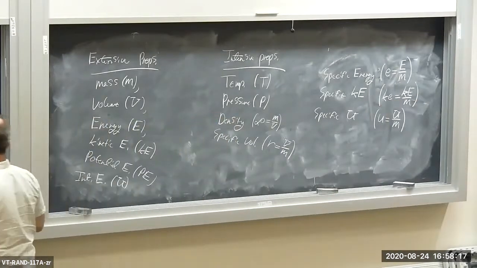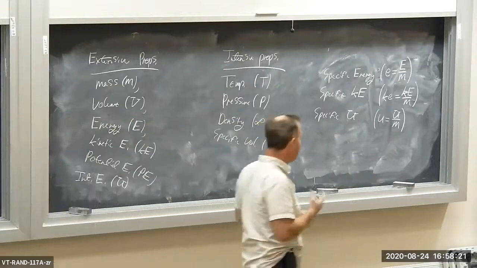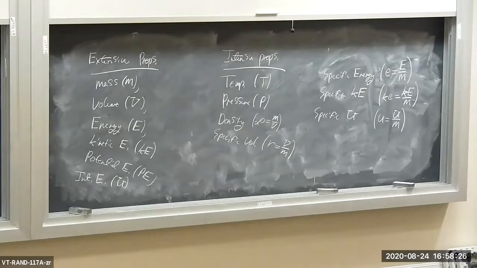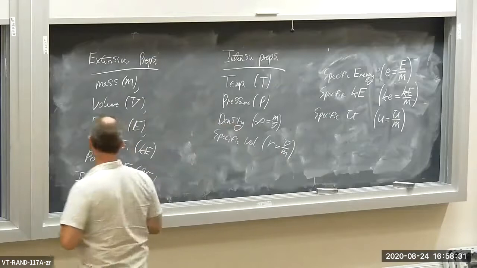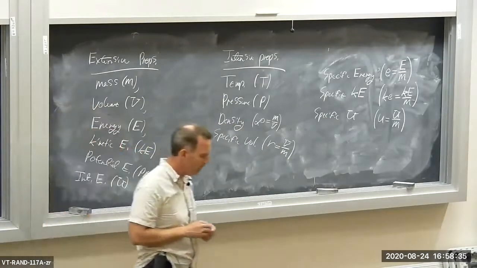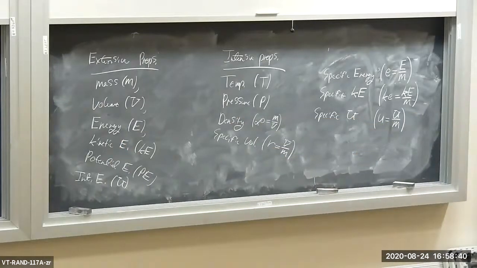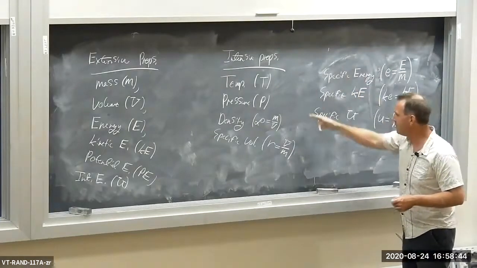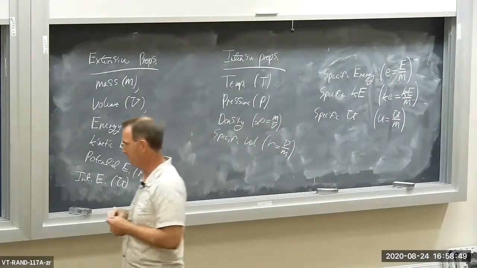So you give me an extensive property, I divide it by mass to get an intensive property on a per unit mass basis, and everything becomes lowercase. Okay? So in this class, you're going to be coming across extensive properties like energy, volume, entropy, and you're also going to be coming across a lot of intensive properties and a lot of specific quantities, which are intensive properties as well. Okay?